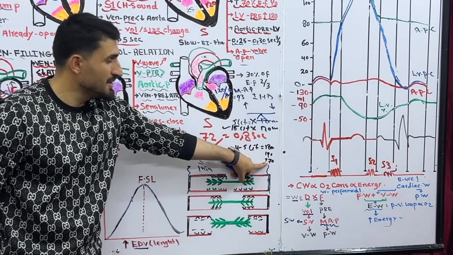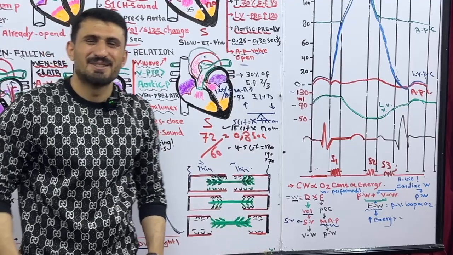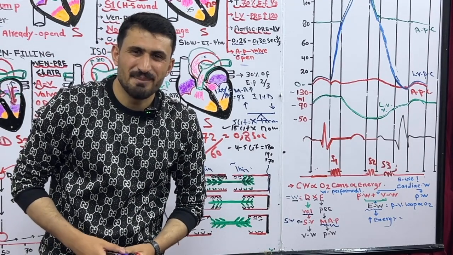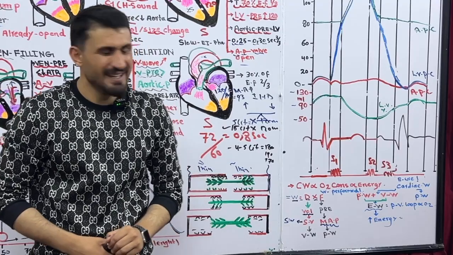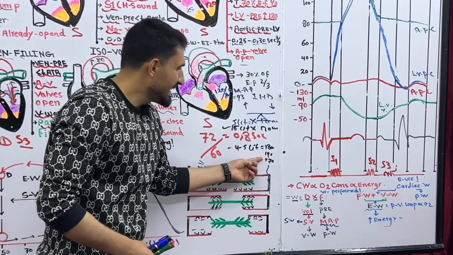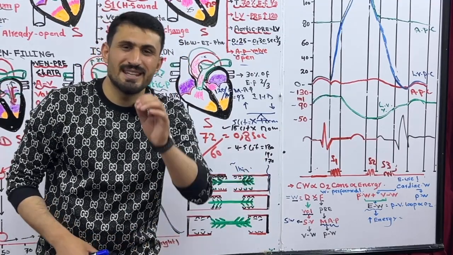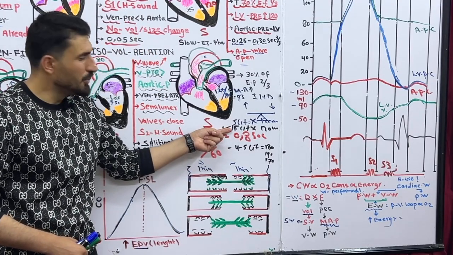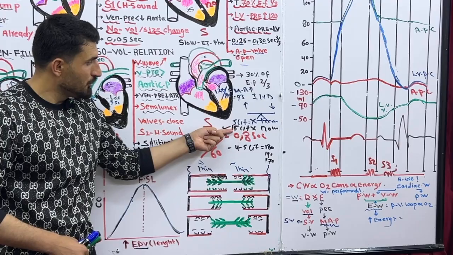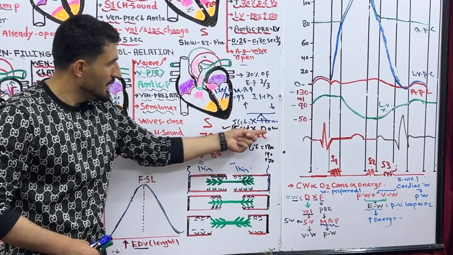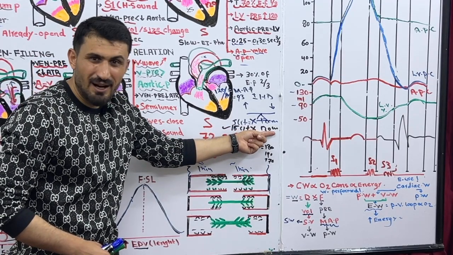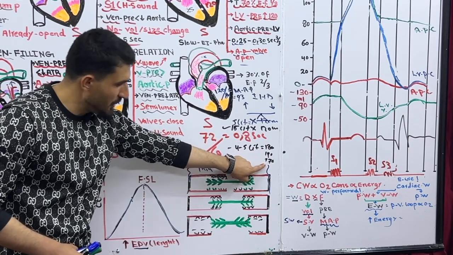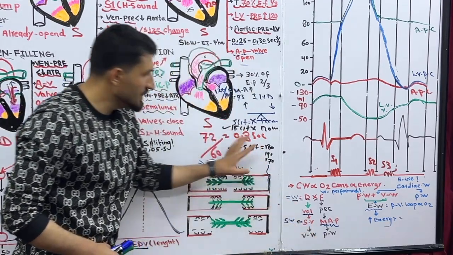Now this patient can enter ischemic heart disease, but that person who ejected a lot of blood volume will never enter ischemic heart disease. So that is the proof that this is because of pressure. So pressure work uses more energy.